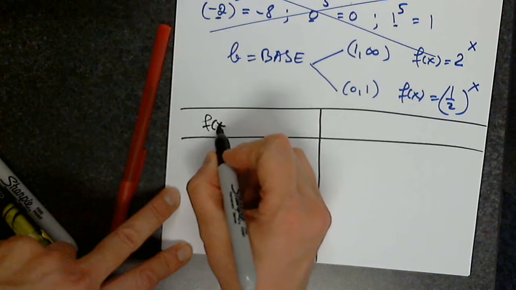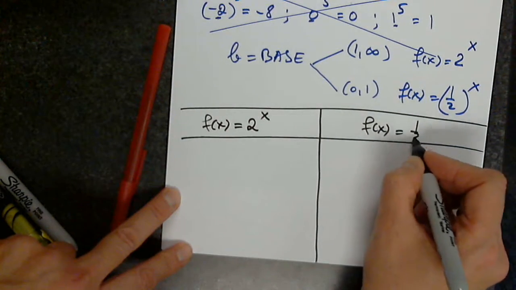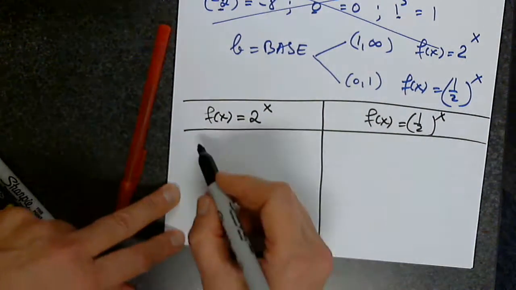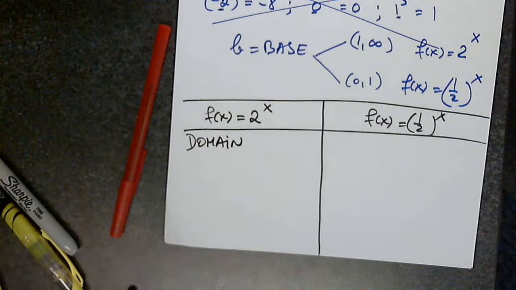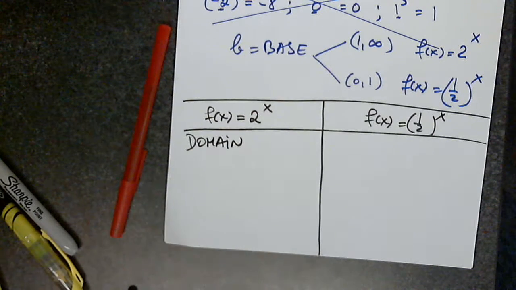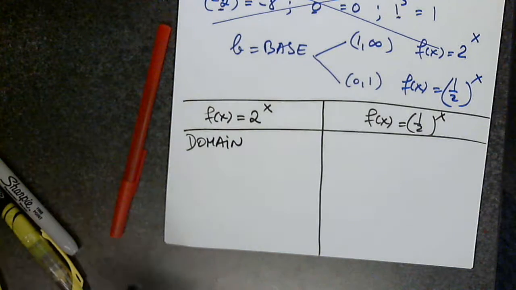So here we are going to graph 2 to the x, and here we are going to graph 1/2 to the x. We start with the domain like always. Can anyone tell us anything about what you think about the domain? We're not talking about the base. We're talking about what x can be now.